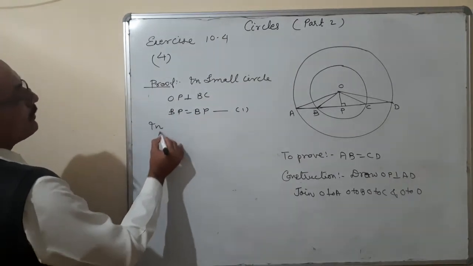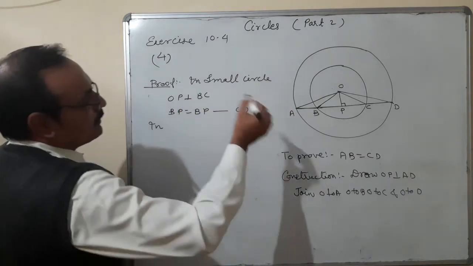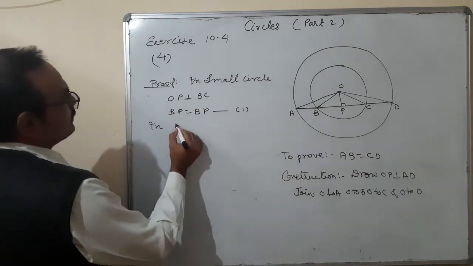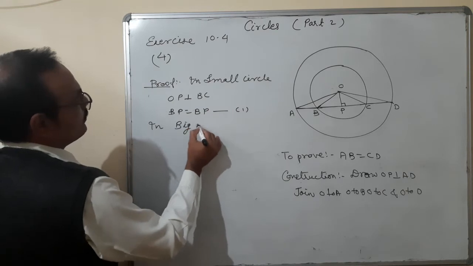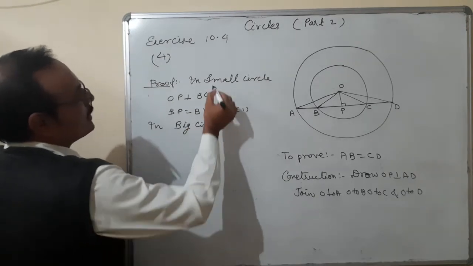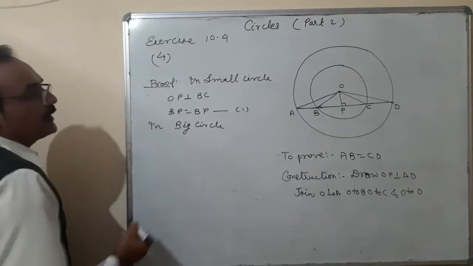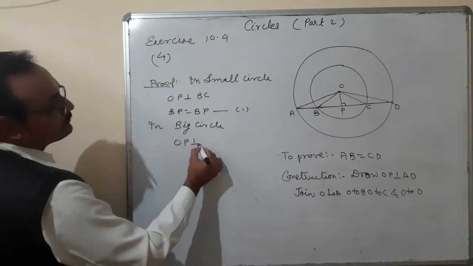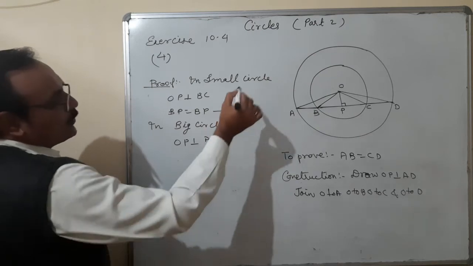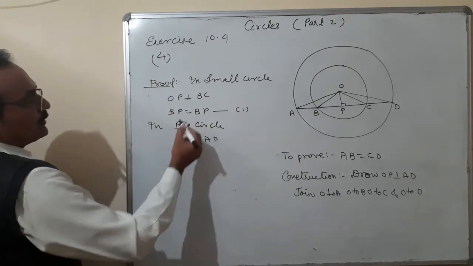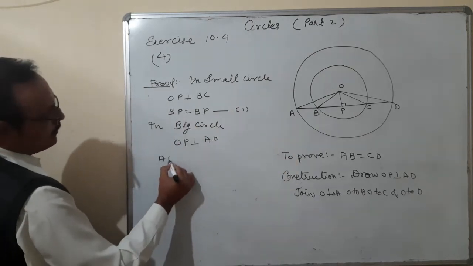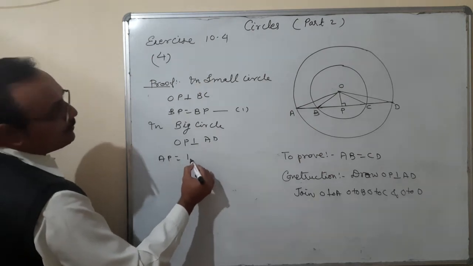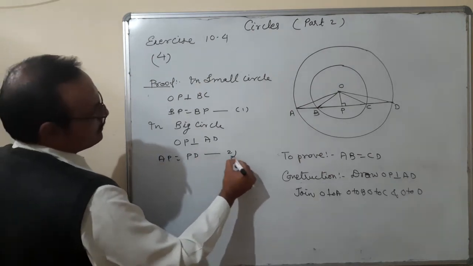In the big circle, or we can use inner circle and outer circle. Okay, anything else? Again, OP is perpendicular on AD. Therefore, I write here AP is equal to PD. It is equation number 2.